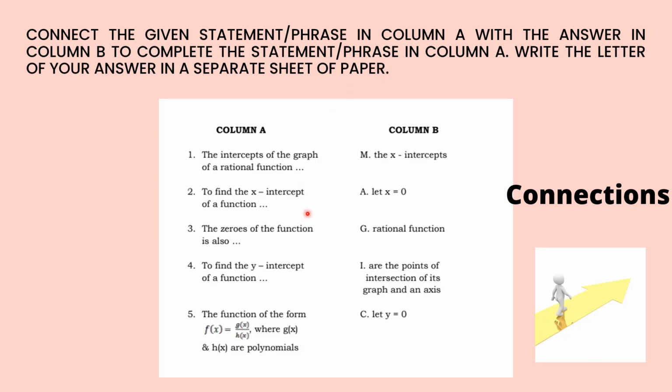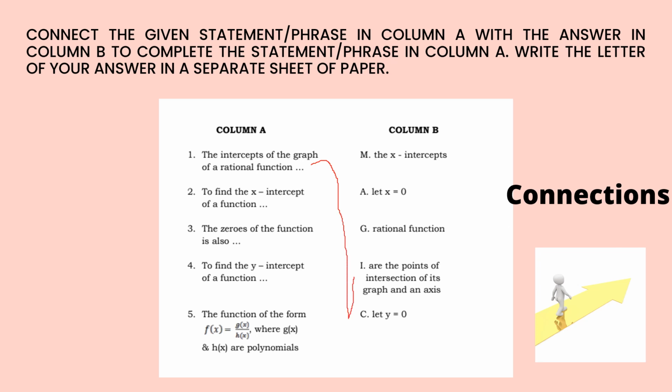These are the givens. So the given for letter A is the intercept of the graph of a rational function. What do you call the intercept of the graph of a rational function? So our answer here is letter, okay, sumobra.